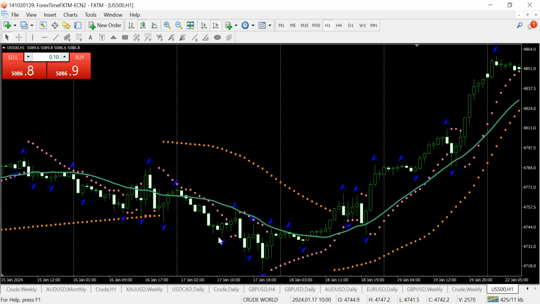Look here. You see that this SAR generated a buy signal. If this trend continues going up, we will have a trend line. When the market produces a buy signal, the SAR will act as a trailing stop loss. So we have the buy candle.